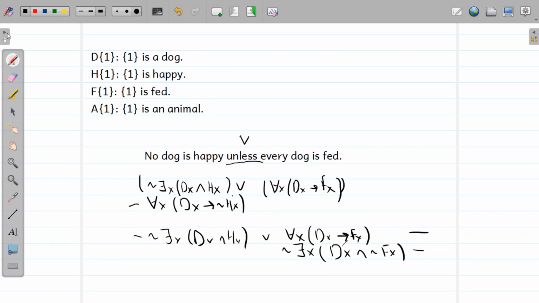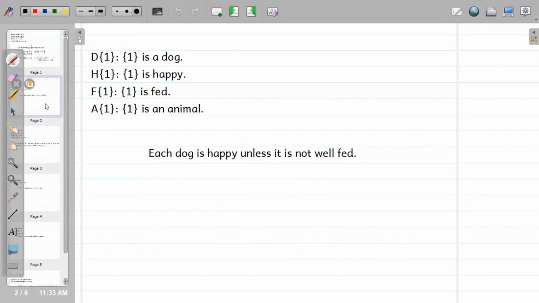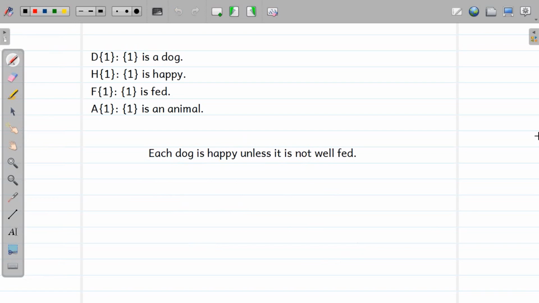Another. I'm just going to keep doing these until we run out of time, basically. Each dog is, this is almost the exact same as the last one. Do you want to skip on to one that's more different? Okay, I'll leave this to the reader. Not that you're reading, but.